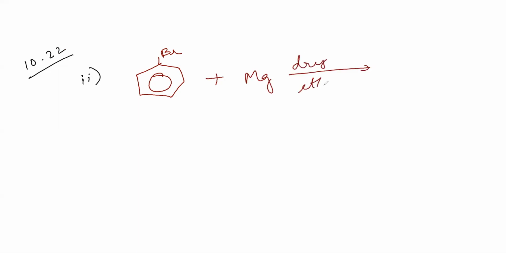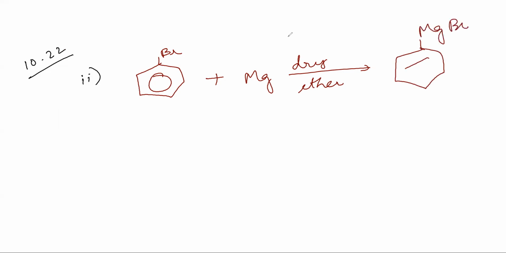Bromobenzene is treated with magnesium in presence of dry ether. This type of reaction gives us a hint of the Grignard reagent.